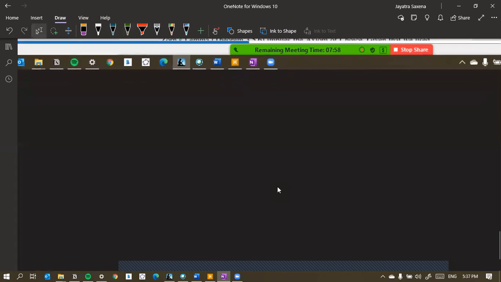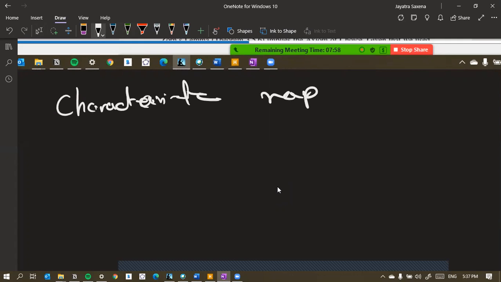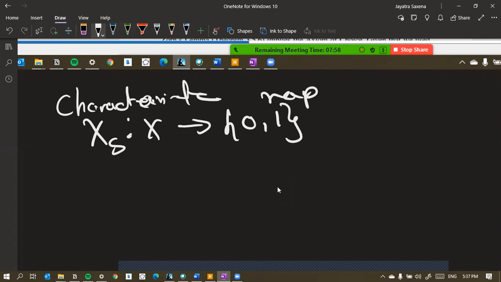So let's write this down. We have a characteristic map X_S that goes from X to {0, 1}, and it's defined like this.